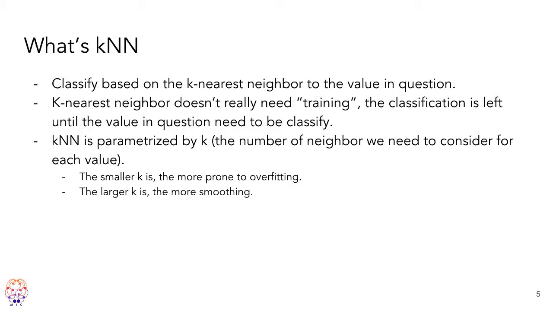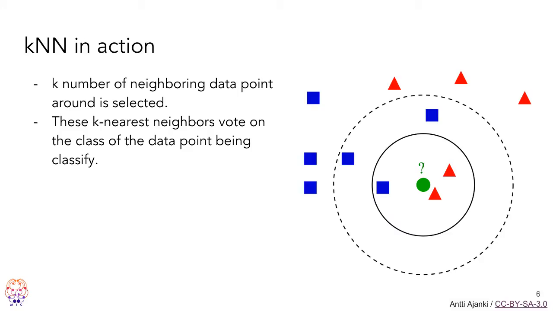So actually, let's get a picture on. For example, I want to classify this green circle right here. What K-nearest neighbor would do is take a vote from the neighboring points of that data point. In this case, if I choose k equal 3, I'm looking at the 3 nearest neighbors to this data point.